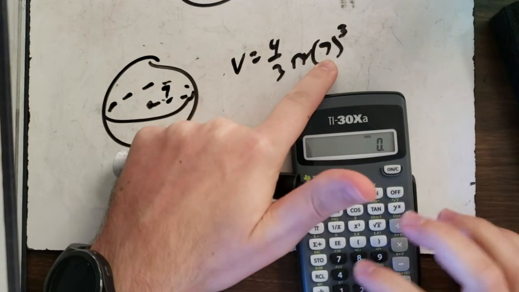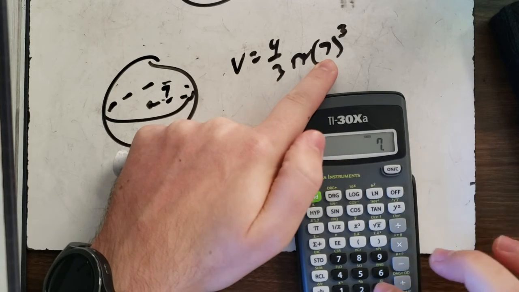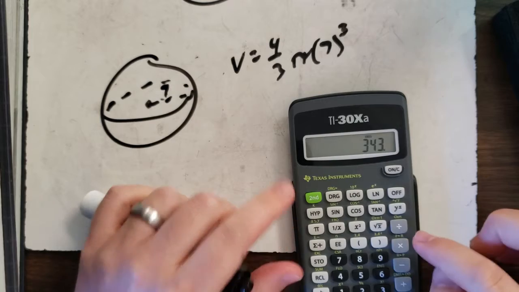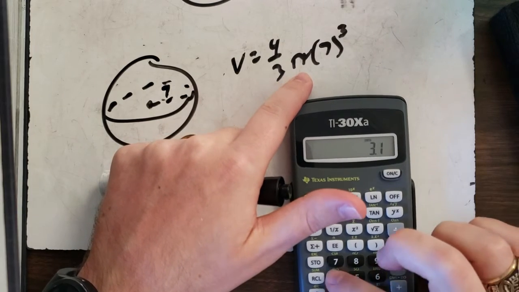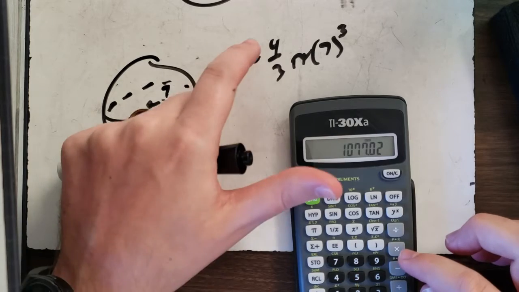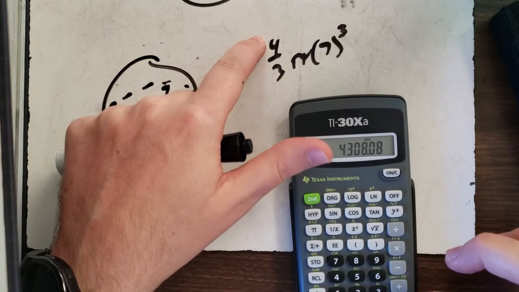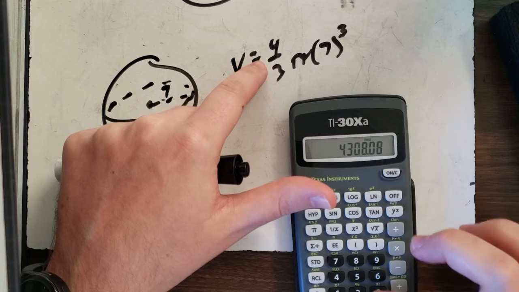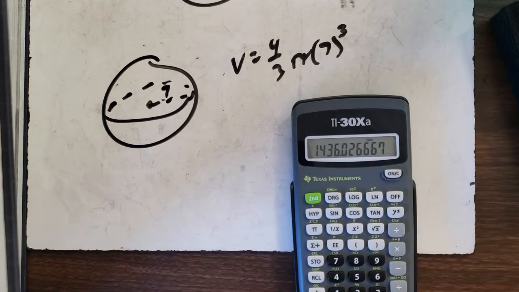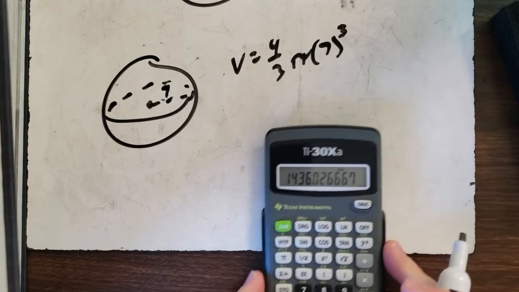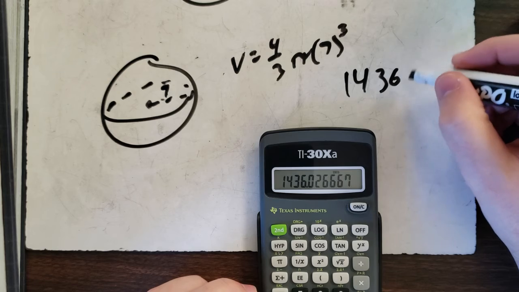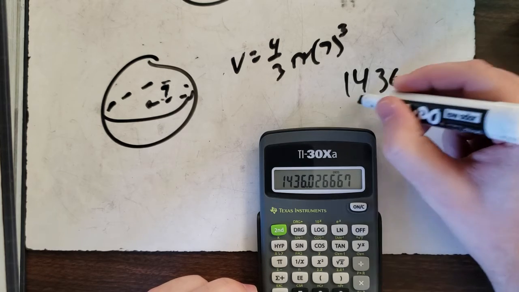Start here. 7 to the third power equals 343. We're going to times that by pi, 3.14. Then we're going to times that by 4, and divide that whole thing by 3, and we get 1436.03.